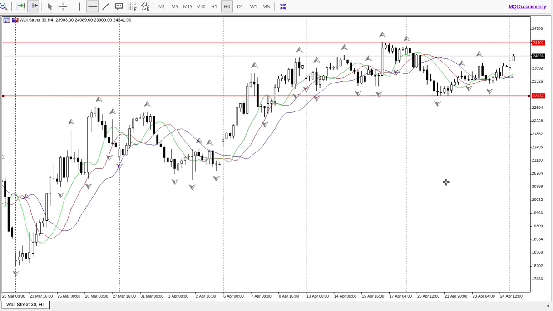So I'm not entirely convinced that we're going to shoot the lights out at the moment, and I'm also not entirely convinced that we're going to fall. So until we break through 24,400 to the upside and come back and retest that level, then I'll become bullish. If we break through this 22937, I'm going to be more bearish than what I am at the moment.